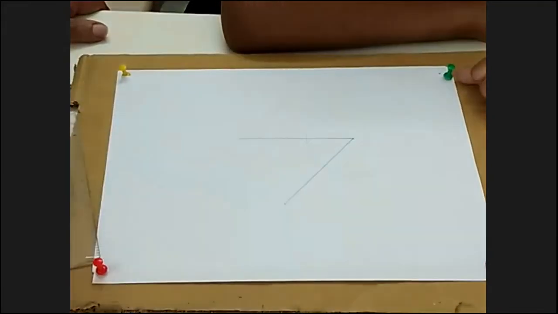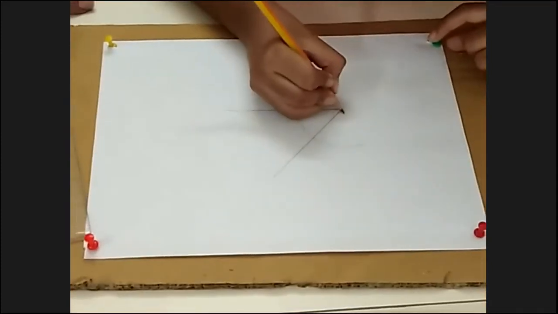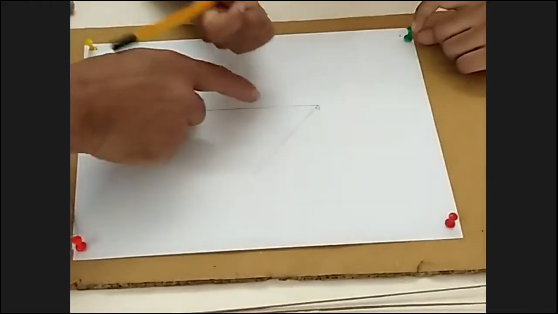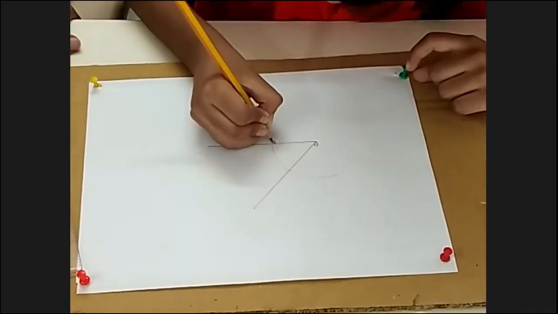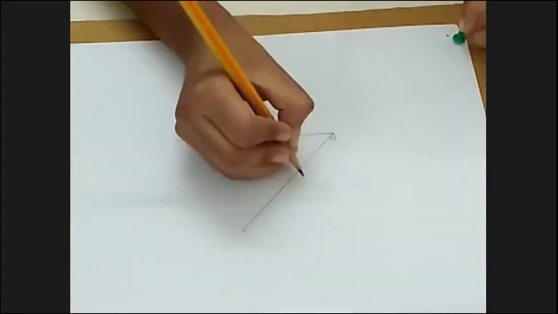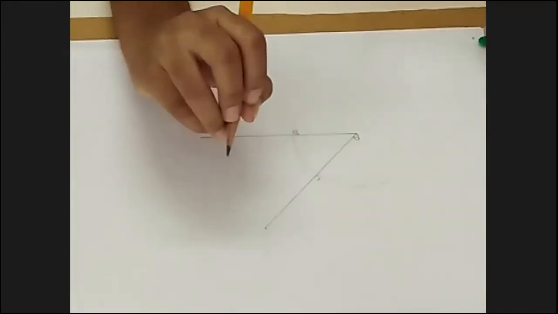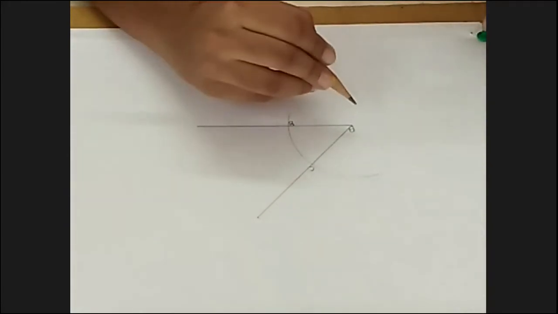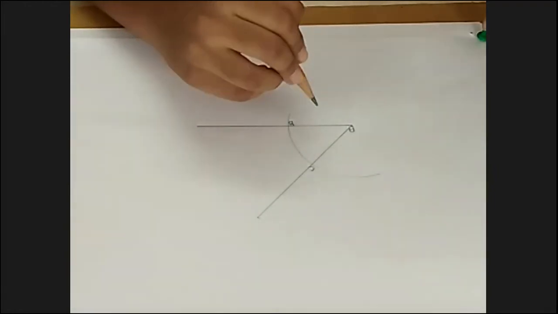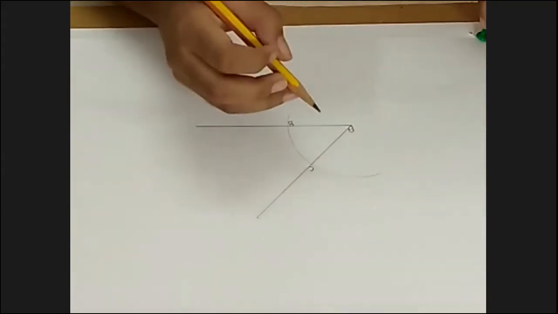We call this point A. Call this point here B. Call this point here C. So what do you know about AB and AC? Segment AB and segment AC, what do you know about them?